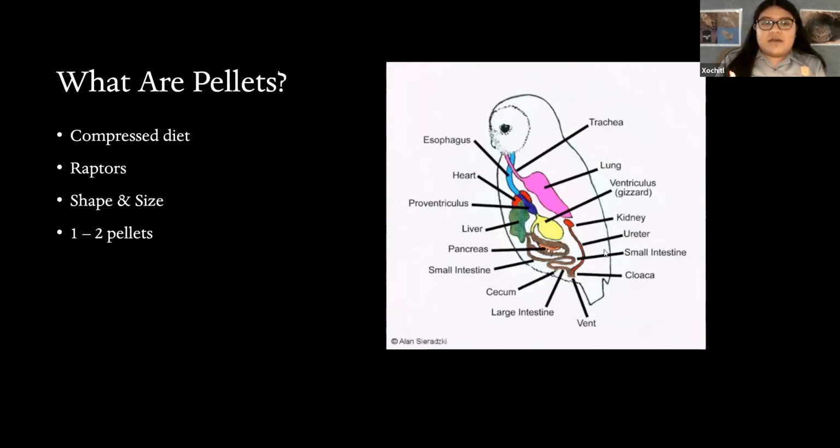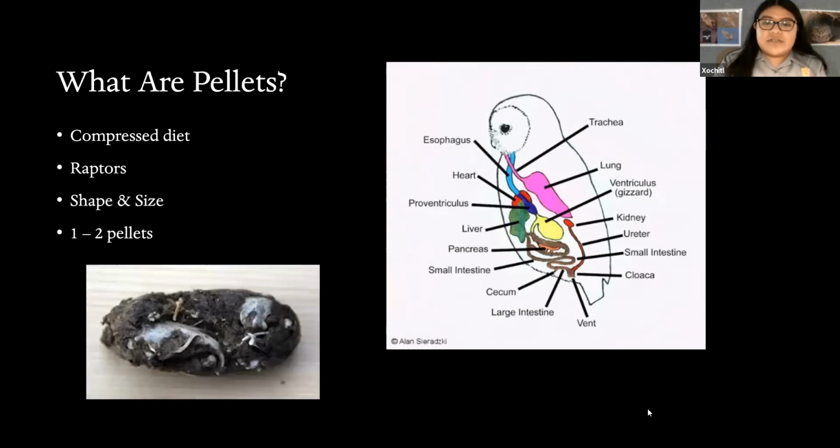The way I like to think about it is if you've ever had a cat or been around cats, how cats spit up a fur ball, it's almost like that same thing. So it's not considered scat, it's more of a regurgitation. And this is what it looks like. As you can see, there are more bones, and there's a lot of fur or feathers.